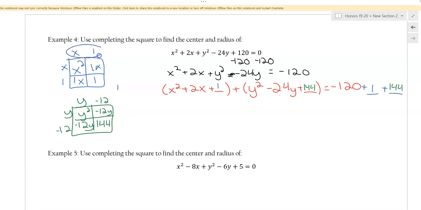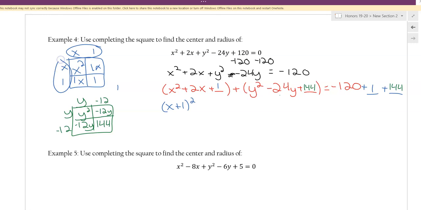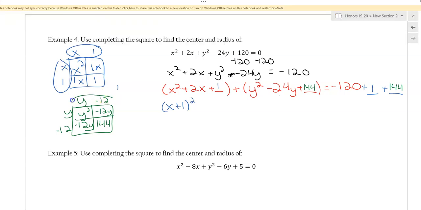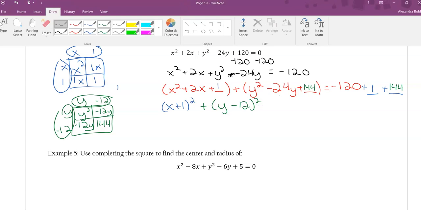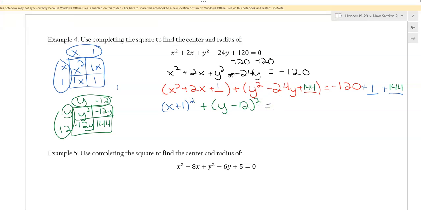Rewriting it with the outside, I have x plus 1 squared. Right, from those two x plus 1s, plus, and then I have y minus 12 squared. Equals, if I add all of these up, I believe you get 25.